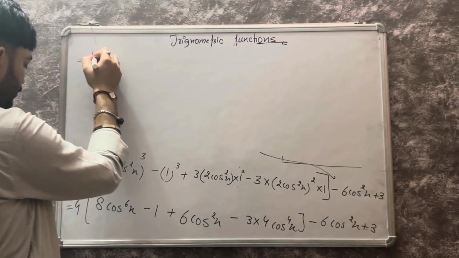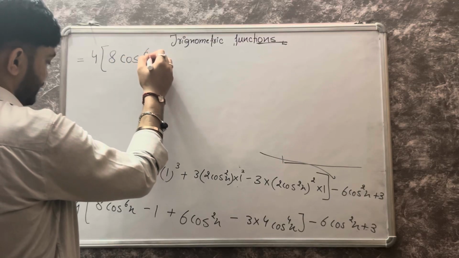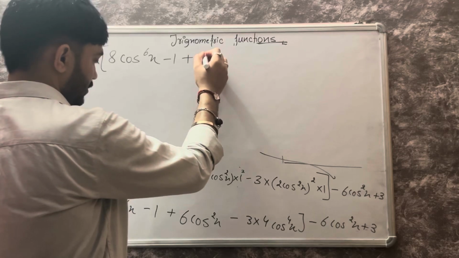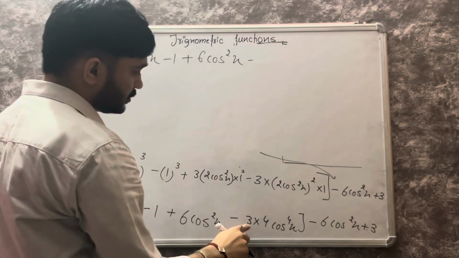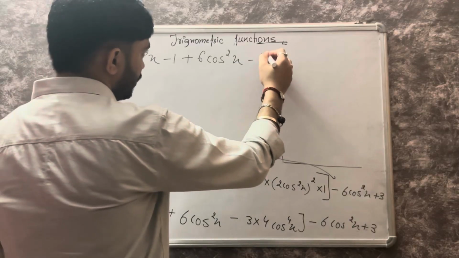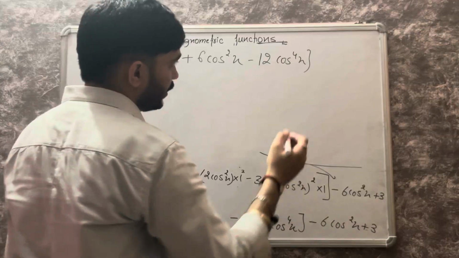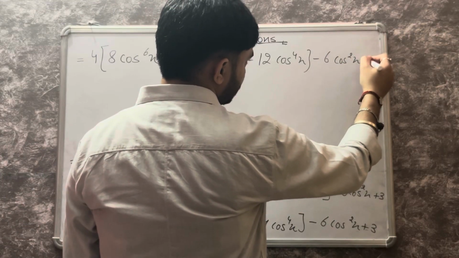But we will have 4 into 8 cos 6x minus 1 plus 6 cos square x, minus 3 into 4 is 12, 12 cos 4x, and minus 6 cos square x plus 3.